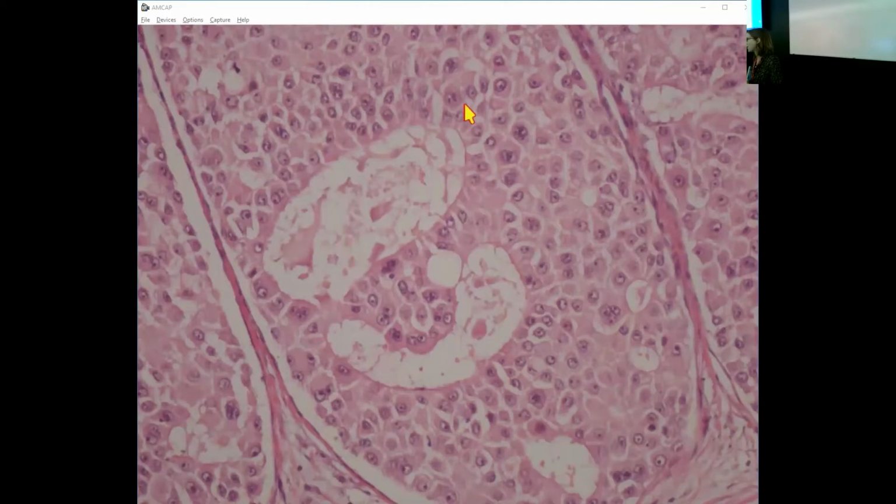Maybe I'm feeling less confident now, or maybe we just see more of these non-classic variants of LCIS. Those would be the situations where we would do E-cadherin and P120 catenin. If we have absence or reduced expression with E-cadherin and cytoplasmic expression with P120 catenin, then that would support a diagnosis of LCIS, and a membranous pattern would support the diagnosis of DCIS. But if I have good architecture that I'm confident in, then I lean towards DCIS and I don't do the stains.